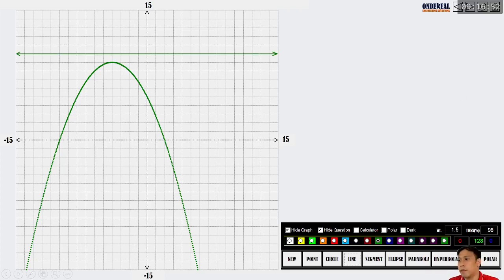The focus is located downward, so subtract 1. It should be 8, right? So negative 4, 8. That is the focus. Okay? So easy.